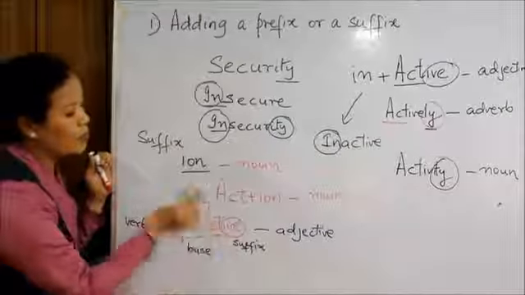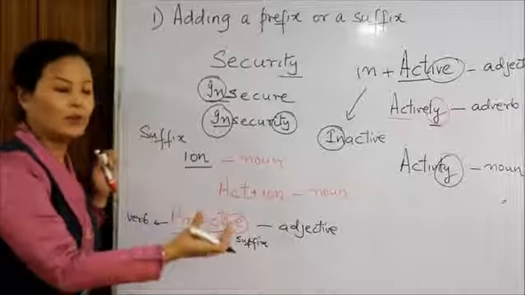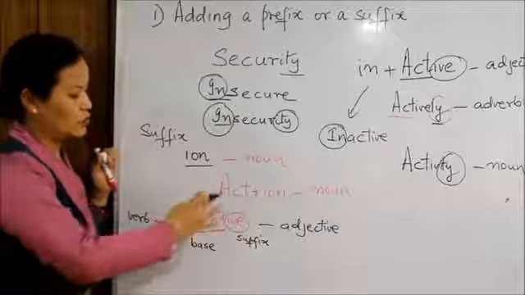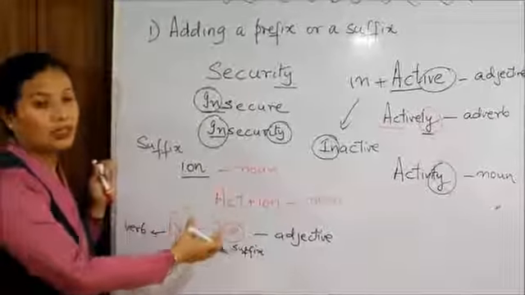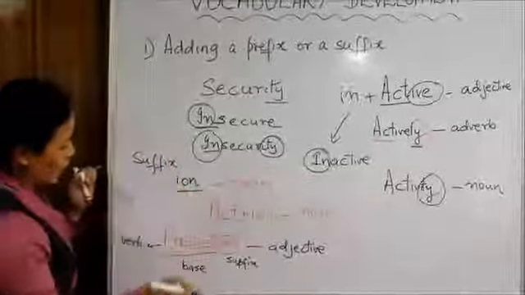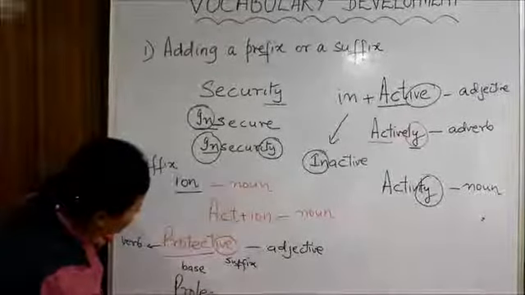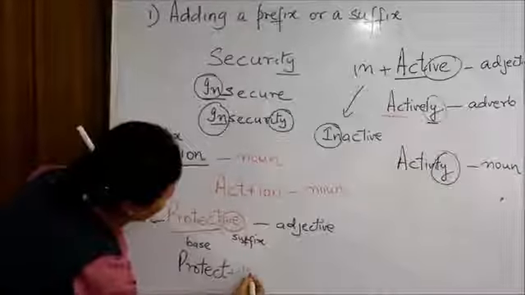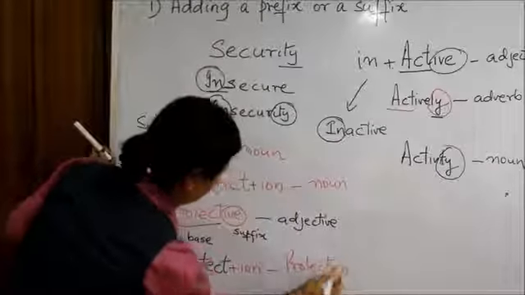If you know that the suffix IVE usually changes a word into its adjective form, it will be easier for you to decode the meaning of the word protective. As soon as you find protective, protect is the verb form, so protective is the adjective, someone who is very protective. And like I discussed earlier, ION: if I add ION to the word protect, we get protection.